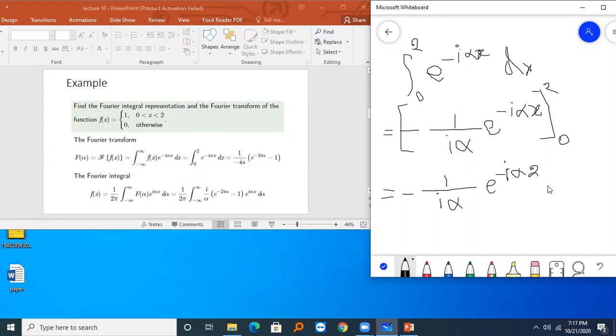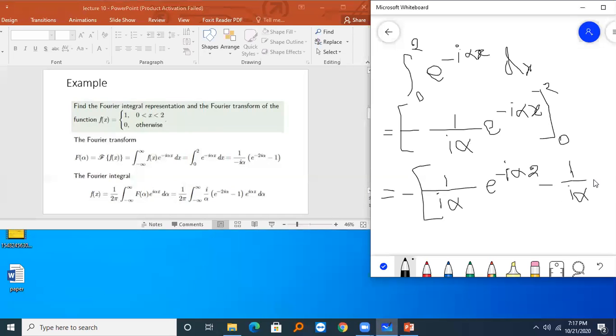You can bracket here. For the lower limit we will do what? Minus 1 divided by minus i alpha, it will be the same. But in the power of the exponential, what will we write here? We will write 0 for x.